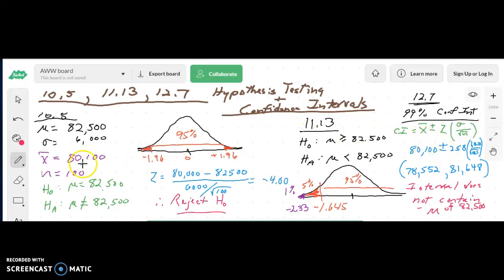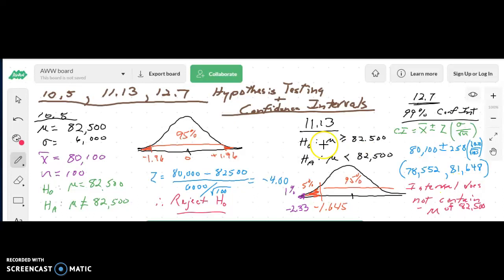Based on our sample of 100 randomly selected females, we can be 99% confident that this interval from 78,552 to 81,648 contains the true mean of all women faculty members. I'm 99% confident that the true mean is going to be somewhere within these two values.